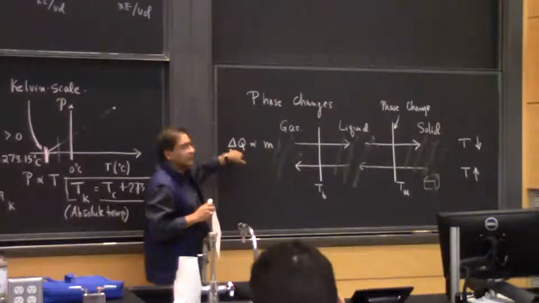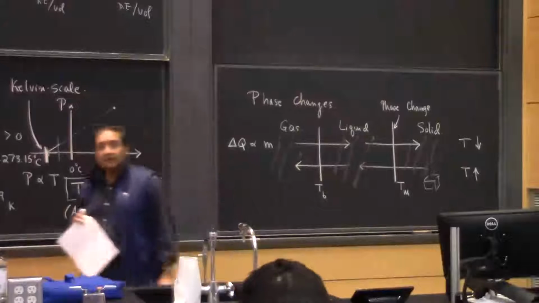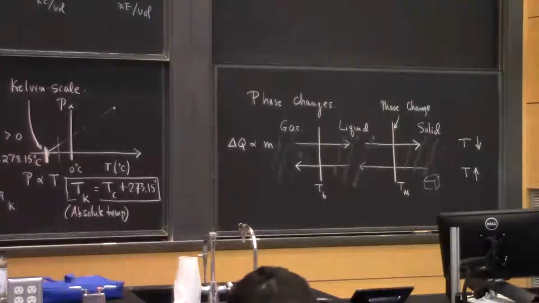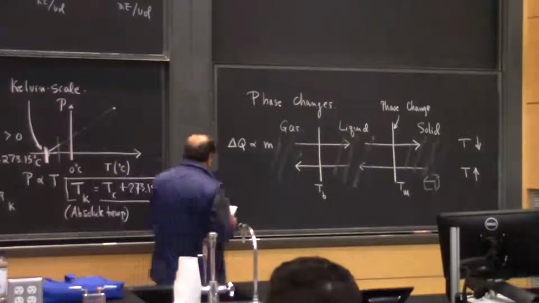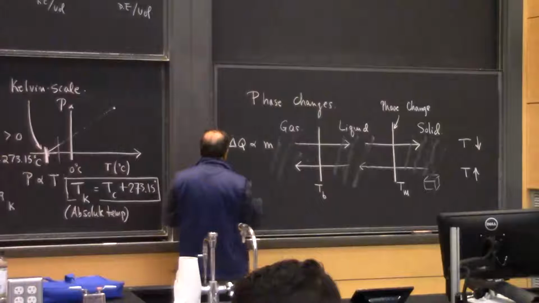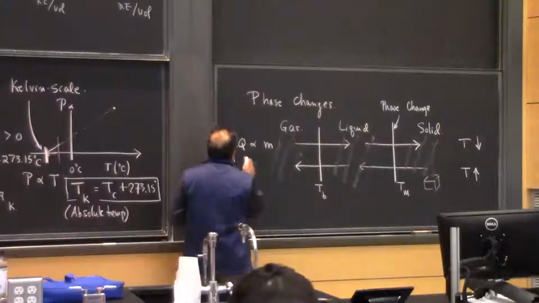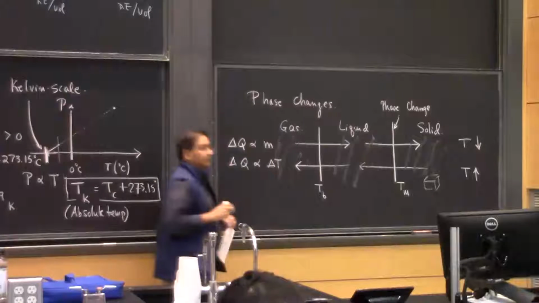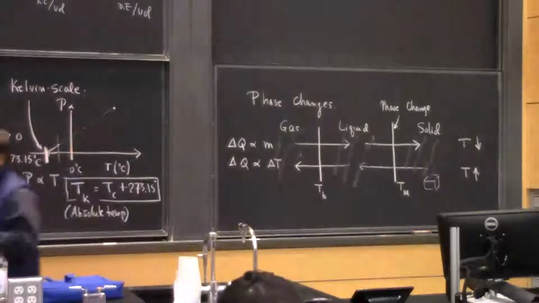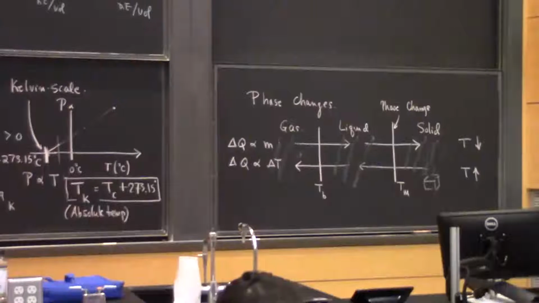What we don't necessarily know is what delta Q would be, because the amount of heat needed, we really don't have much of a clue, because it is not really a simple thing to calculate. We also know that delta Q should be proportional to the amount of temperature change. If you put heat in or took heat out, then delta Q should be proportional to that delta of temperature.